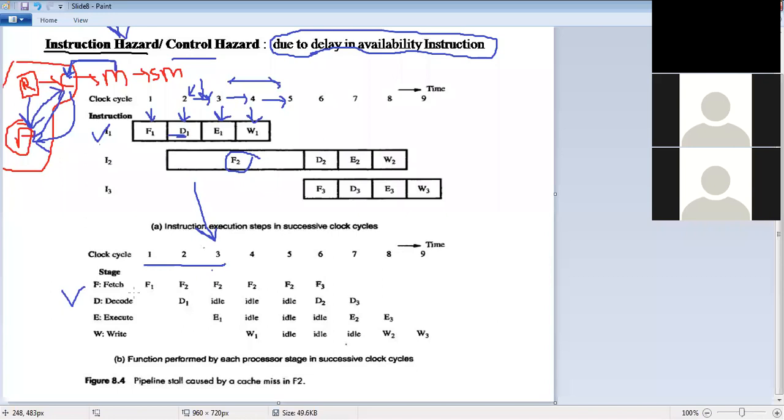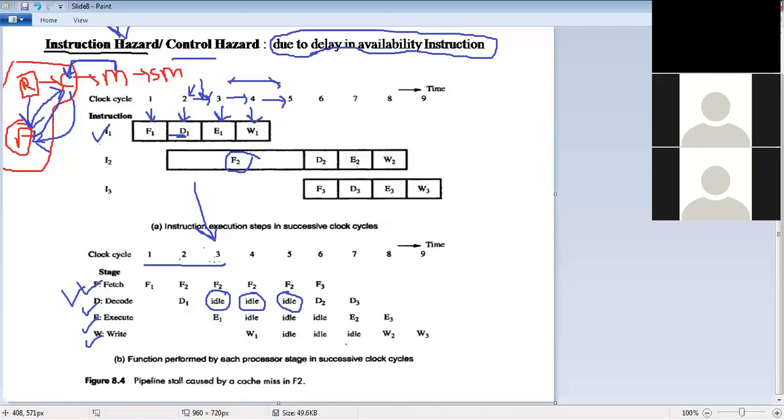So these are the clock cycles. These are the units: fetch, decode, execute, and write. And see here, in clock cycle 3, the unit is idle. What is the meaning of idle? We cannot move further because phase 2 is still in progress.